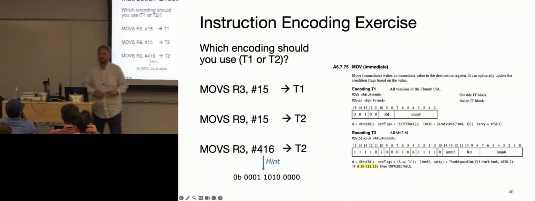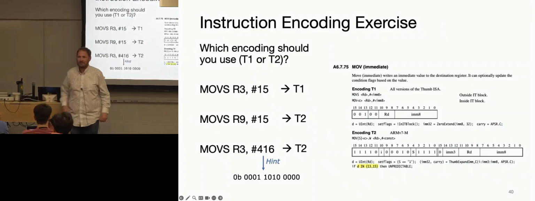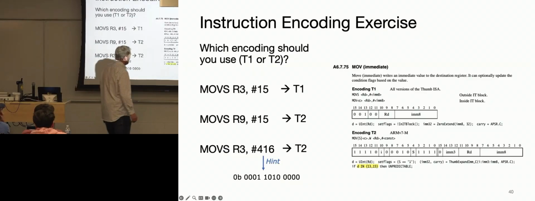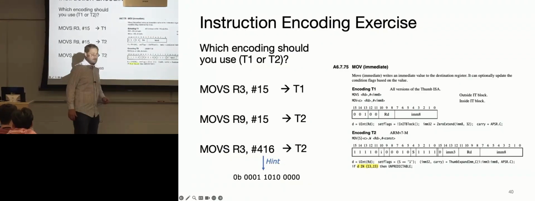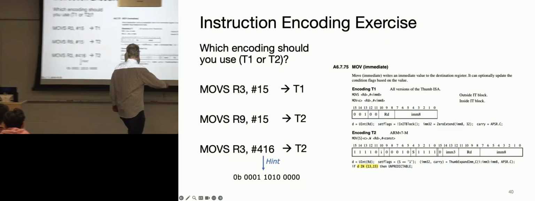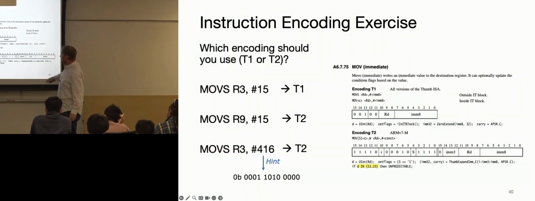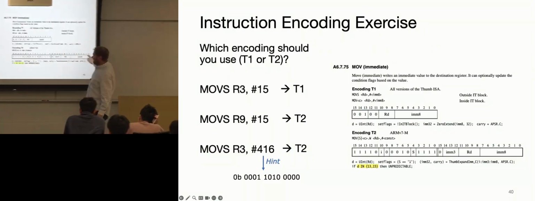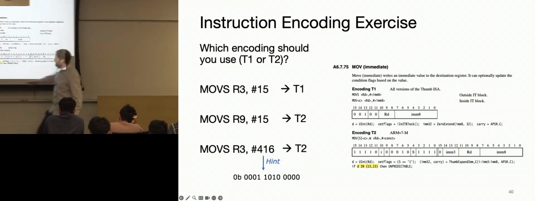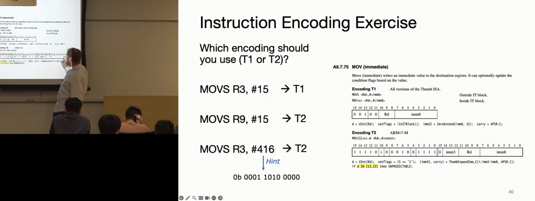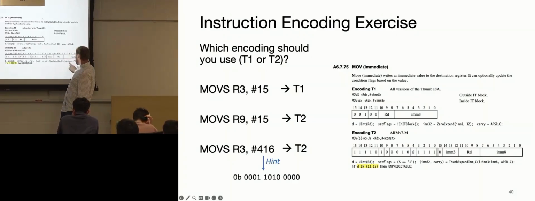So the concatenation does go from left to right. For the 416, the last bit of immediate 3 would carry the 1 for 416. And then the next 8 bits would be zeros. So I think the trick really is to watch this structure.